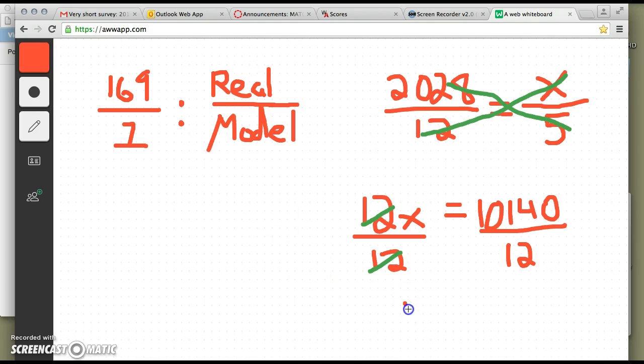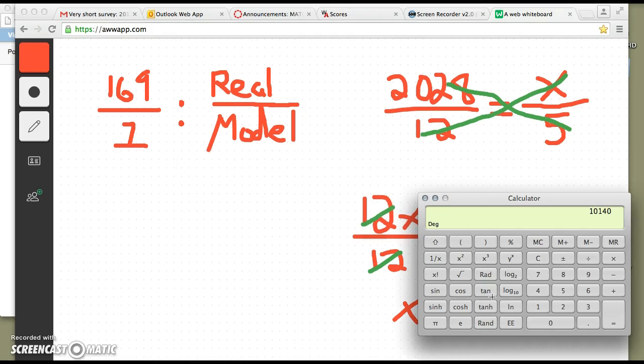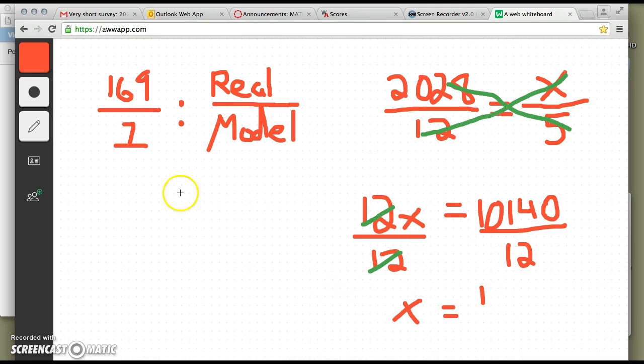So x is equal to 10,140 divided by 12, and we get 845.